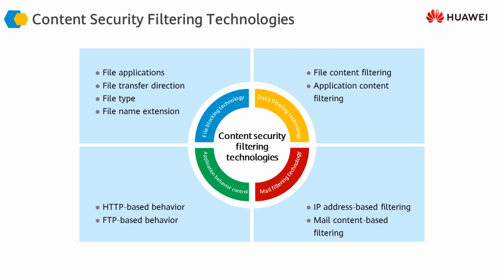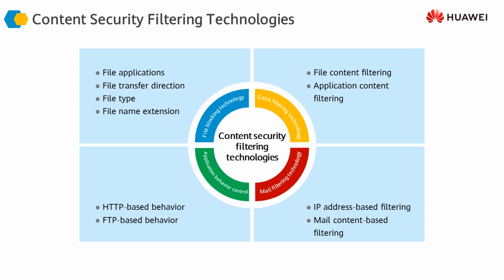File blocking technology can identify and block files based on the applications that the files belong to, the direction of the file transfer, the file type, or the file name extension. Based on these different parameters, we can block the files according to our policy, so that our network can be protected from malicious files entering our network, or we can protect our confidential files from leaving our network.